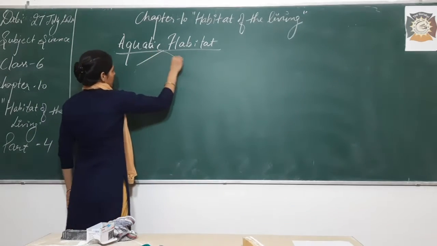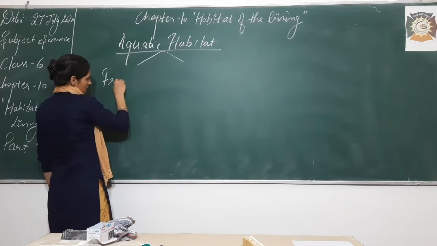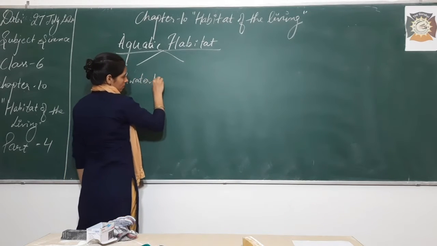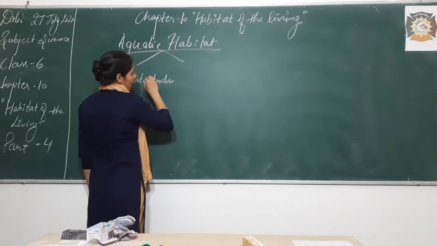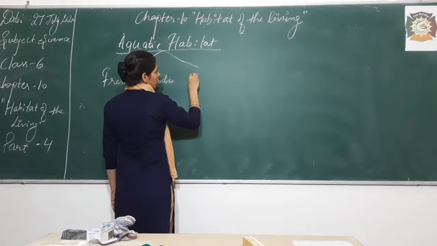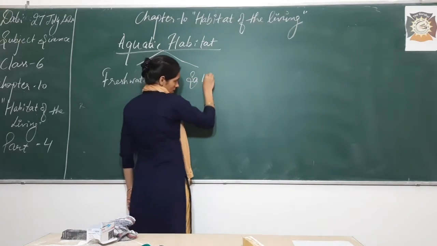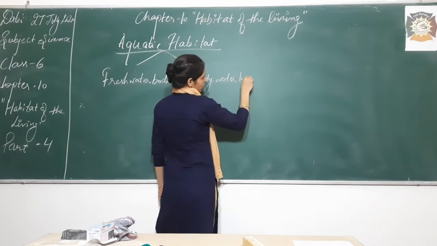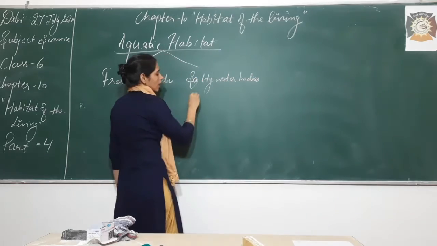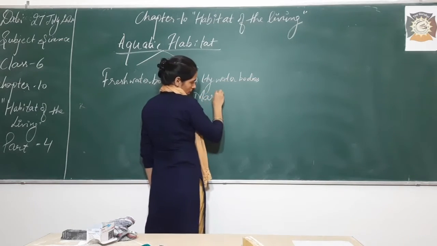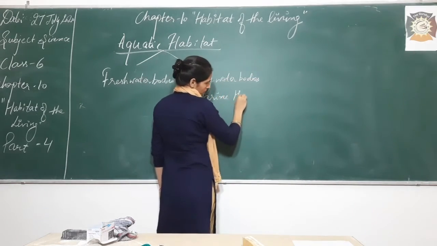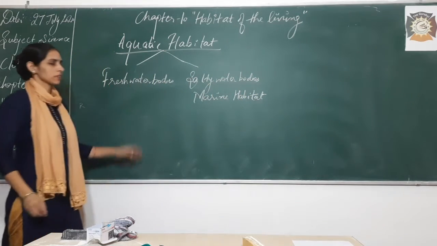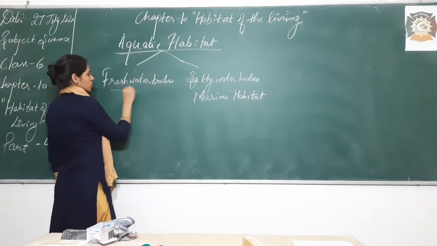So aquatic habitat is further of two types: freshwater bodies and the next is salty water bodies, which we also call marine habitat. Now, what are the examples of freshwater bodies?